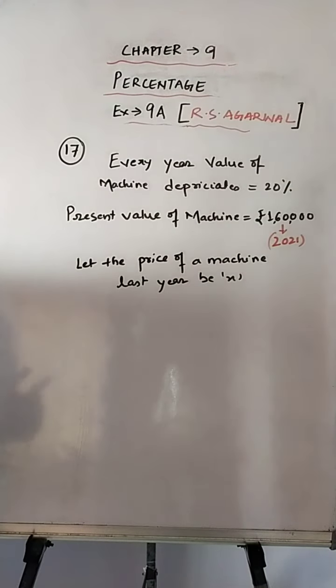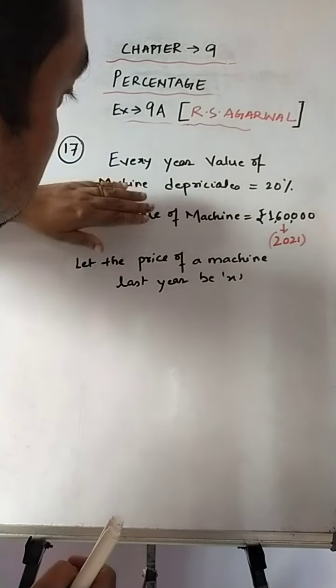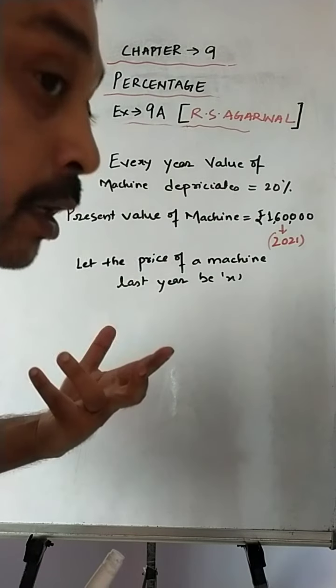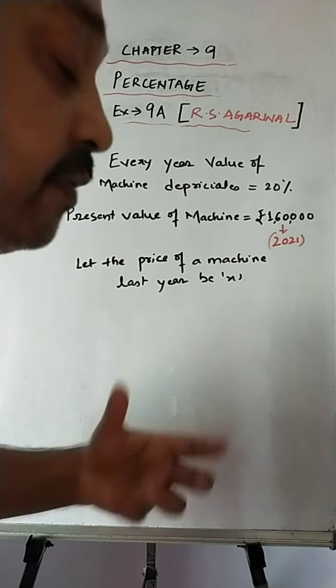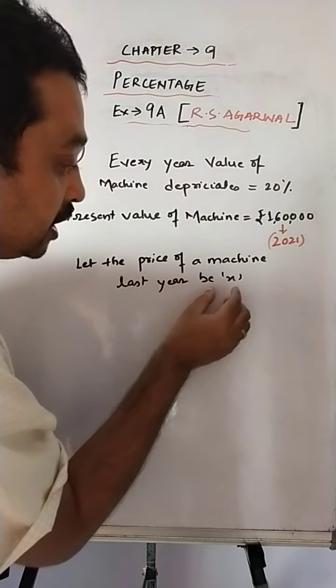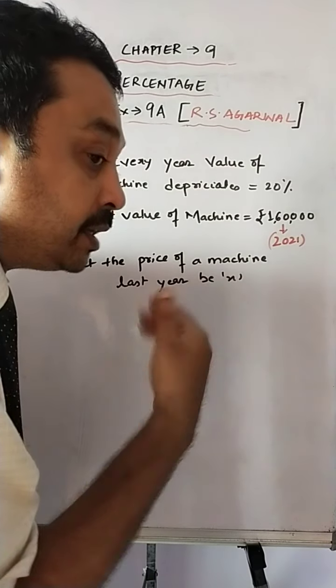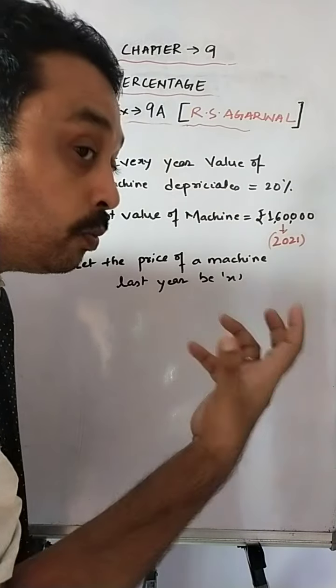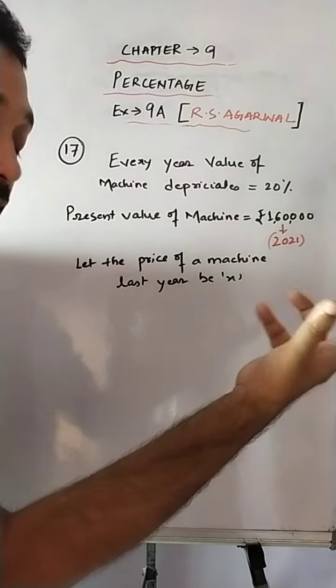Every year the value of the machine depreciates by 20%, so we have to find out the depreciate value of X. If the price of the machine is X and it decreased by 20%, you have to know what is 20% of that price.